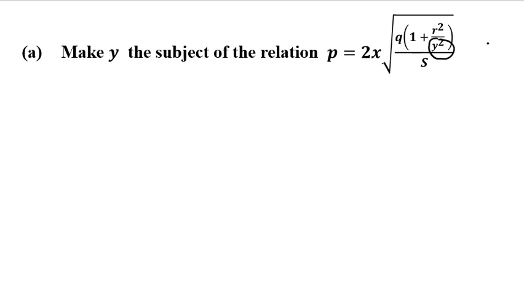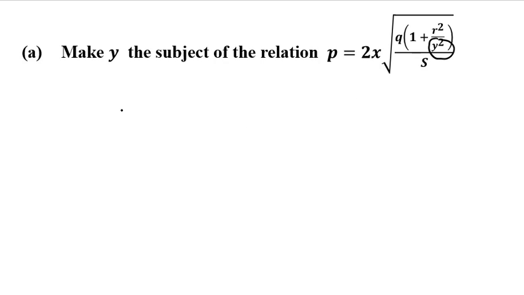Okay. So now as it stands like this, we can decide to square both sides straightforward, or we can get rid of the 2x there before we get rid of the square root sign. In this case, I'm going to divide both sides by the 2x.